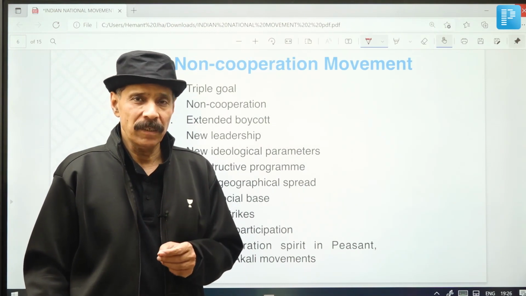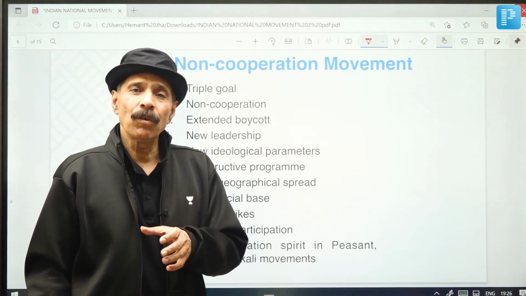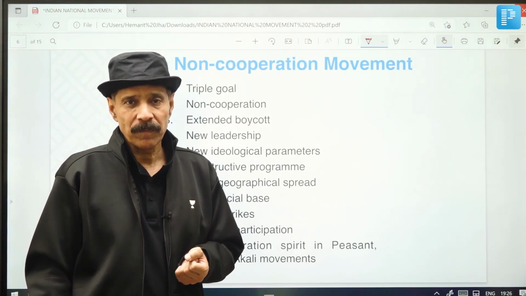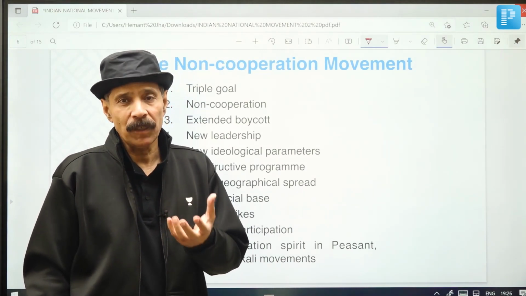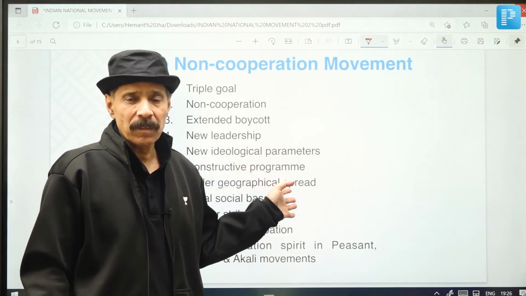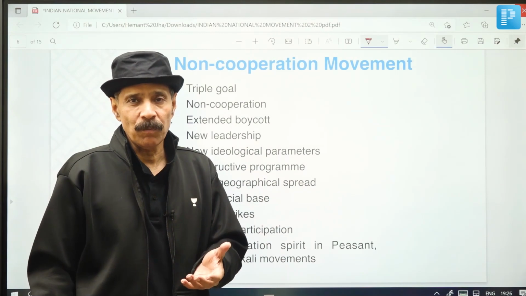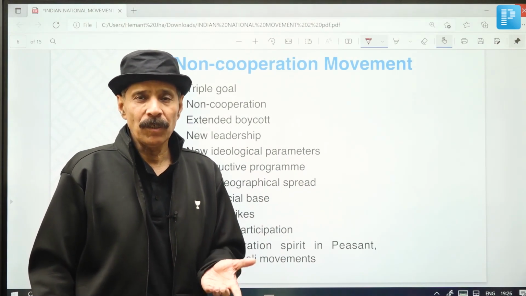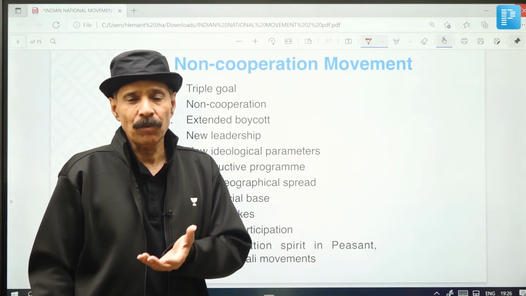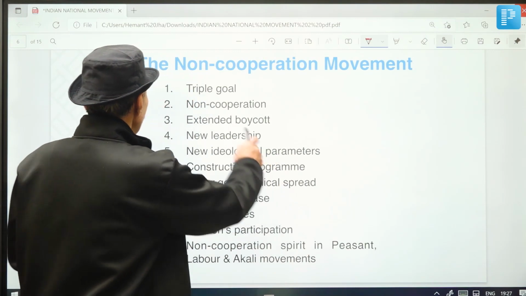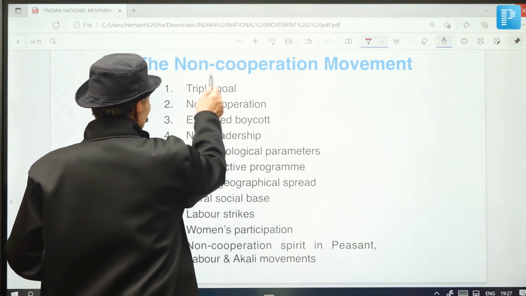So the point here is that the non-cooperation launched from the Khilafat Committee platform stood for the Khilafat issue. Whereas the non-cooperation I'm going to discuss, launched from the Congress platform, stood for three issues: the Khilafat issue, the issue of Swaraj, and the issue of Punjab wrong. This means this movement was marked by a triple goal.